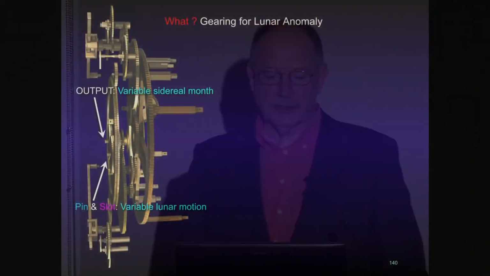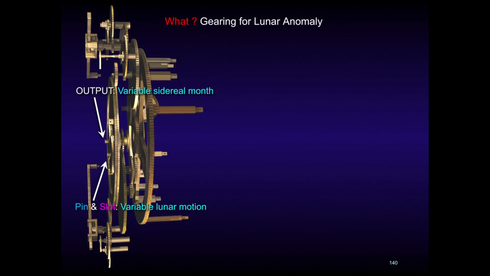But we hadn't really quite finished there. That's the same gearing seen from the side. You can see the output, which calculates this variable sidereal month there. And I'd assumed, like everybody else, that the gearing at the back of the mechanism went off to the left to the back dials. But this didn't seem to make much sense. And then 2 or 3 weeks later, I got a call from Mike Edmonds with a very nice insight.